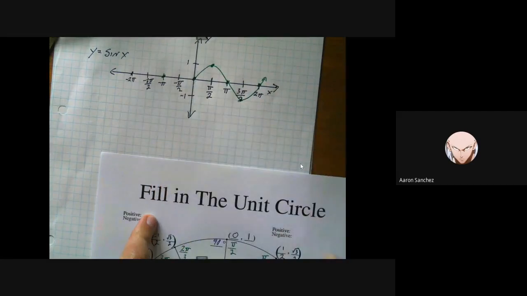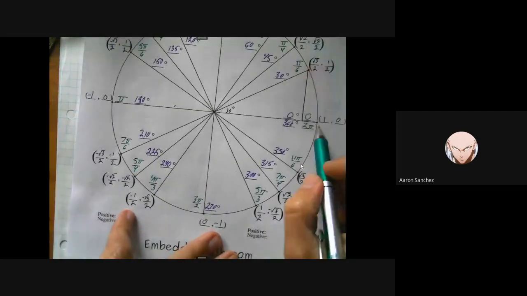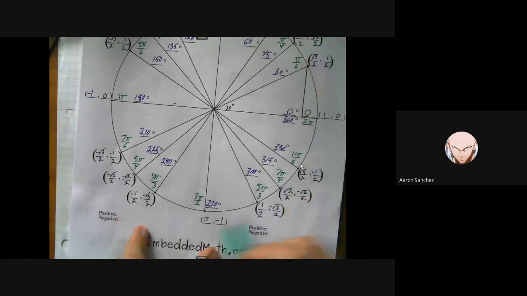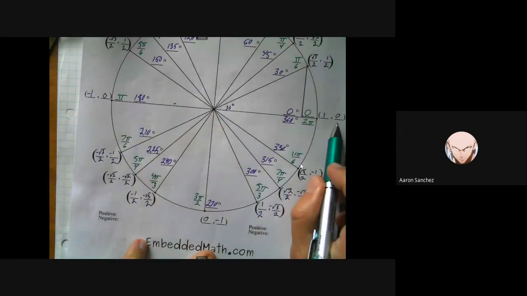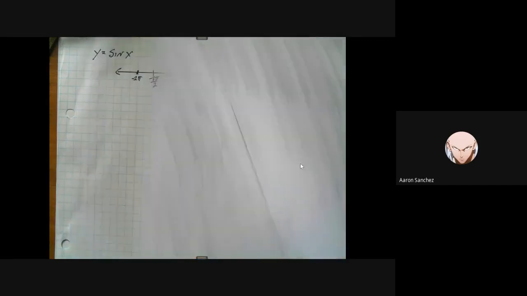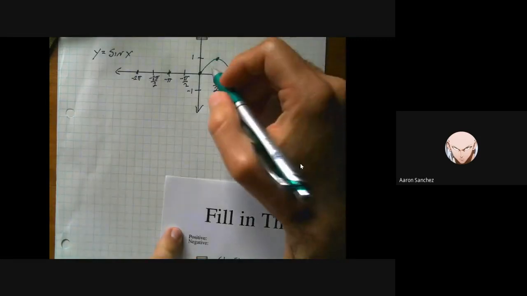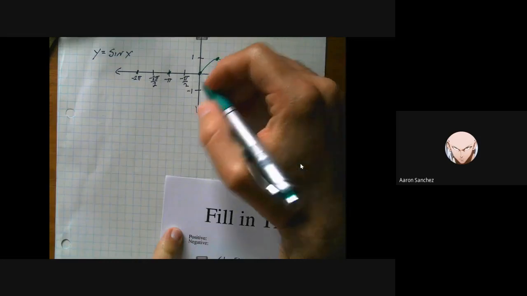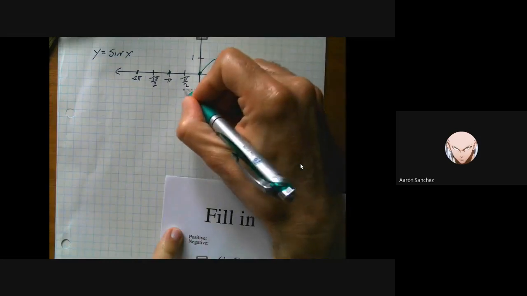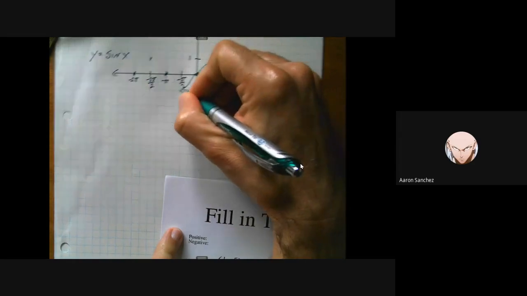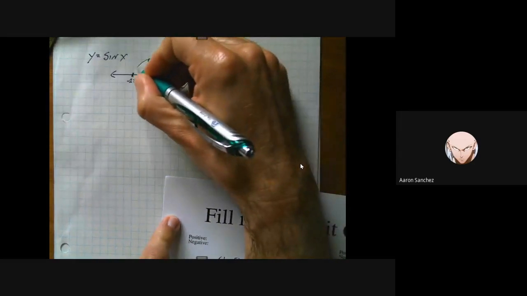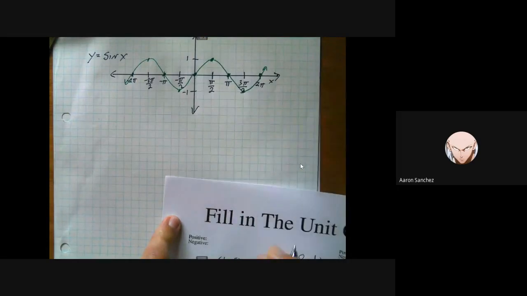If you look at the unit circle, I go in the opposite direction, negative pi, I got a 0, and then I go back here, negative 2 pi, I got a 0. Those are my zeros. And now I'm going to go one below, one above, and that's your whole sine, 2 periods. Boom. There's your sine function.